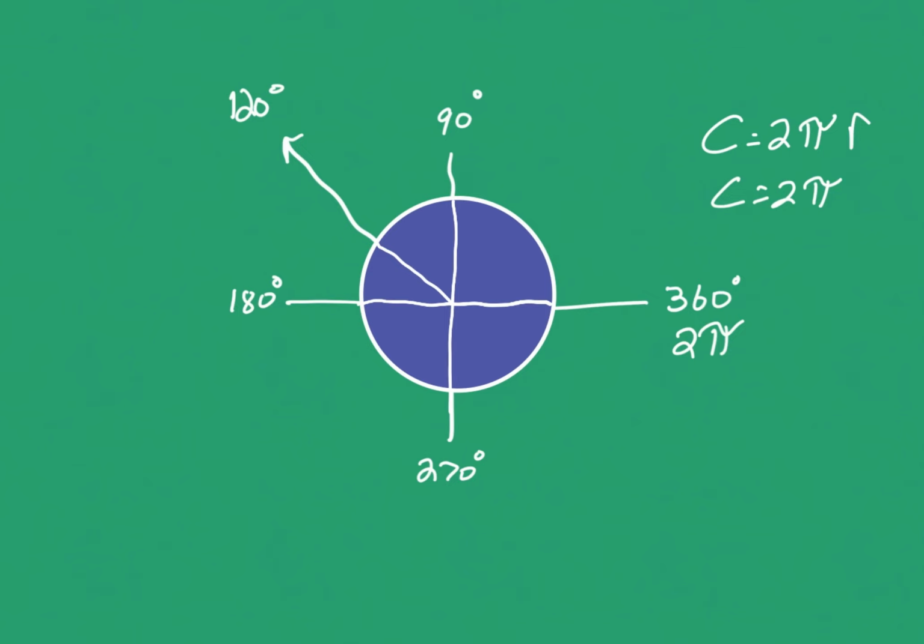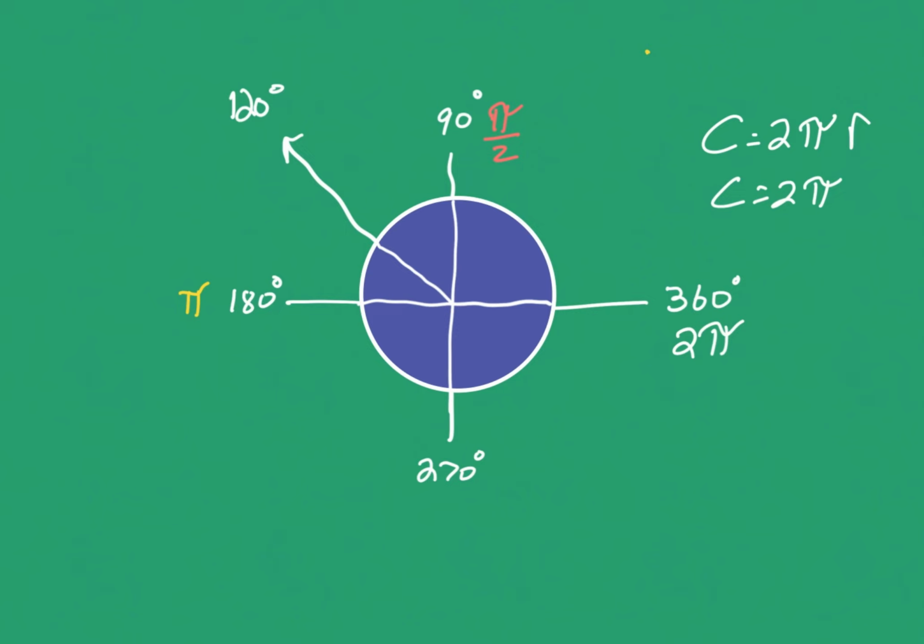Not only could we put a 2 pi there, but then we could divide this into different radian measures by breaking it up. If I go up here, in radian measures, 90 degrees is going to be the same thing as pi over 2. So we say it's 90 degrees or pi over 2 radians. 180 degrees is pi radians.